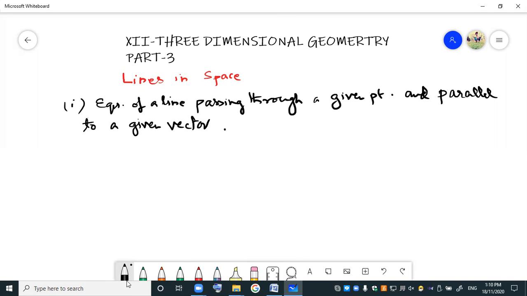So we have x-axis, y-axis, and z-axis. 3 axes, as you know that we have to draw the 3 axes.